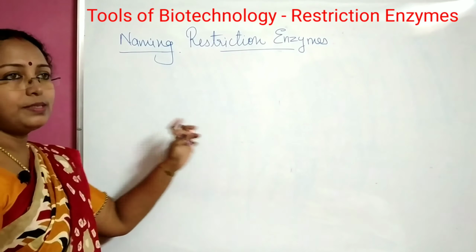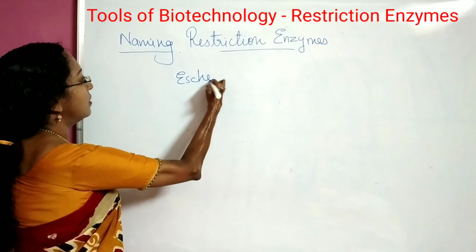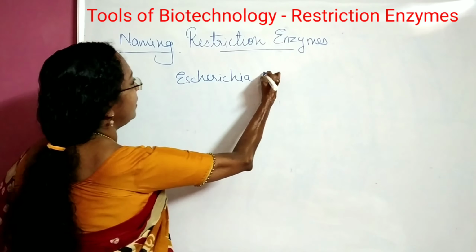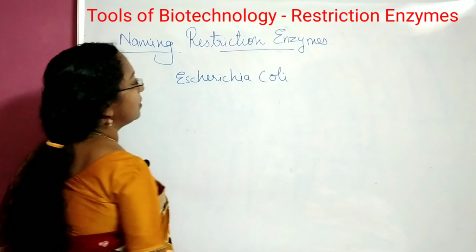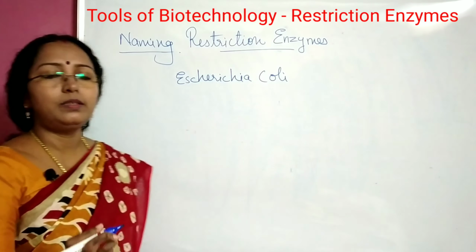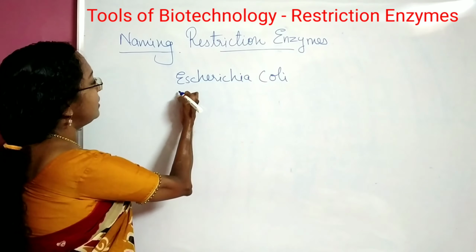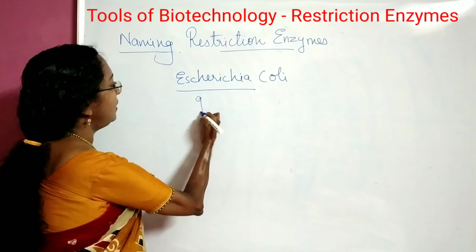We know restriction enzymes are isolated from some bacterial cell. Let me take the example of a bacterial cell, Escherichia coli. In simple terms, you call it E. coli bacterium. So here this Escherichia is its genus name.